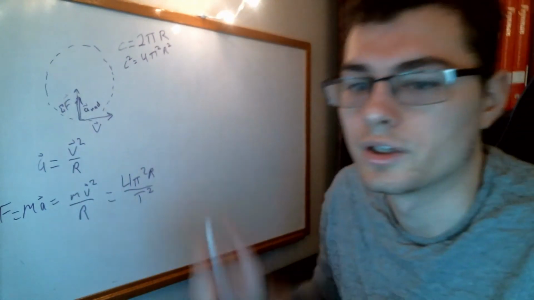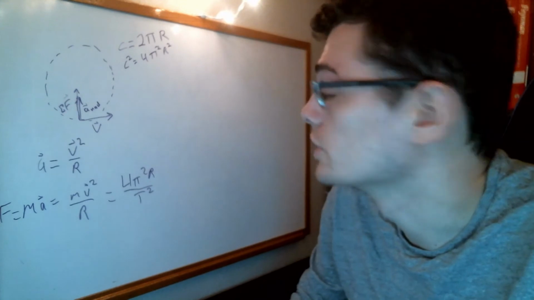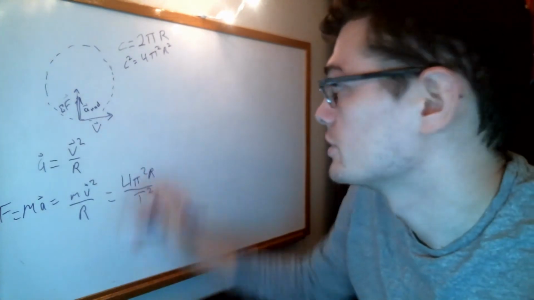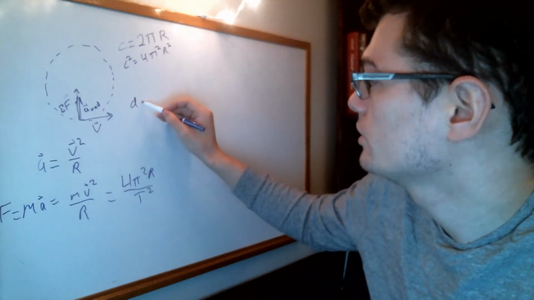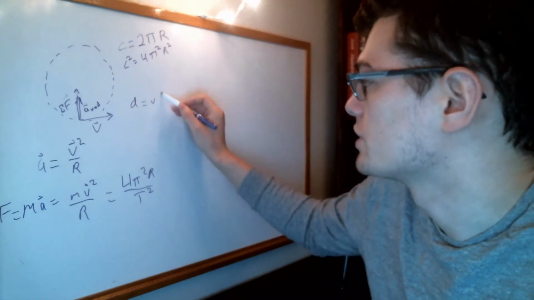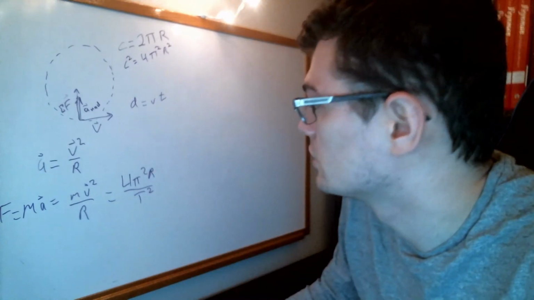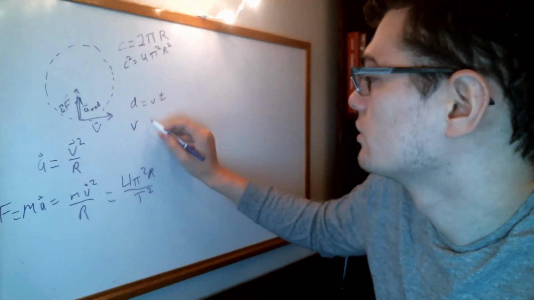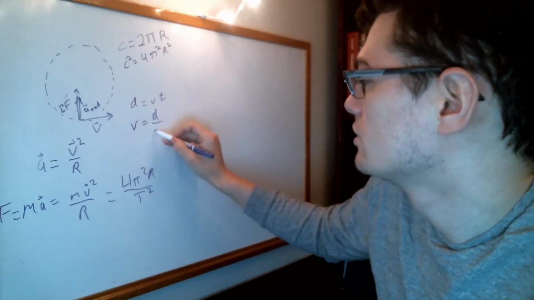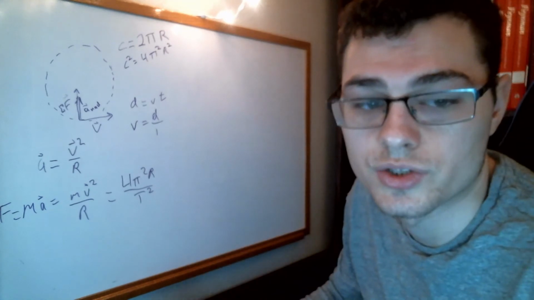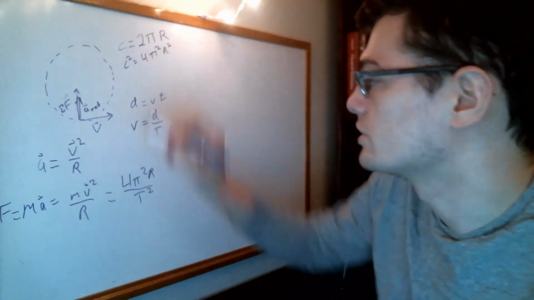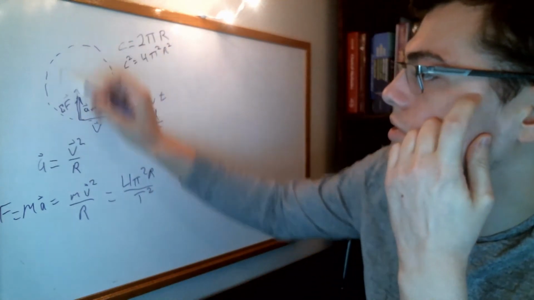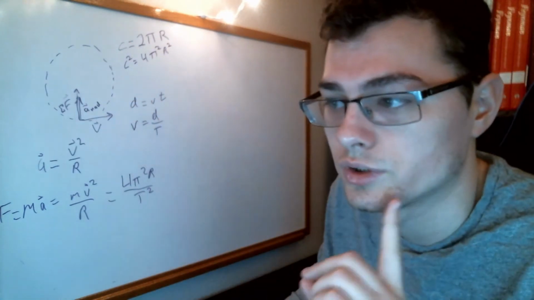One more thing that I'd like to point out before we move on from the circular motion example is that when we have the circumference, this is basically our distance. So if we're using just our distance formula, with v as our speed, we have d is equal to vt. If we solve this equation for v, we'll have d over t, where in this case we change t from lowercase to uppercase because it's the period here, or the time it takes for this object to complete one rotation.